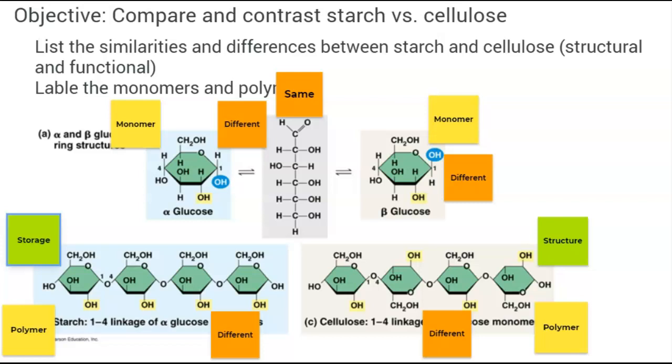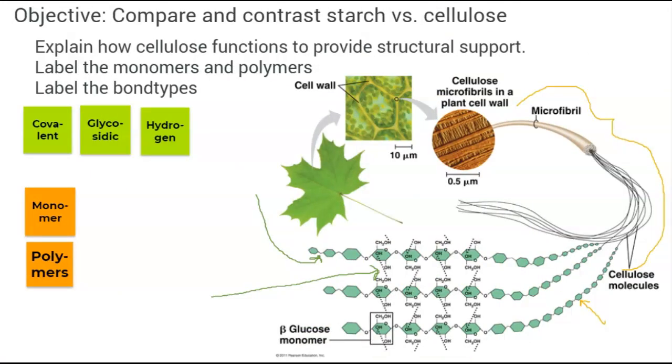And now I'm going to show you why cellulose is able to be a structural support molecule when starch is not, because of this alteration in the hydroxyl groups here. So if we go to the next Jamboard, you'll see the cellulose molecule, right? So we have cellulose molecules.